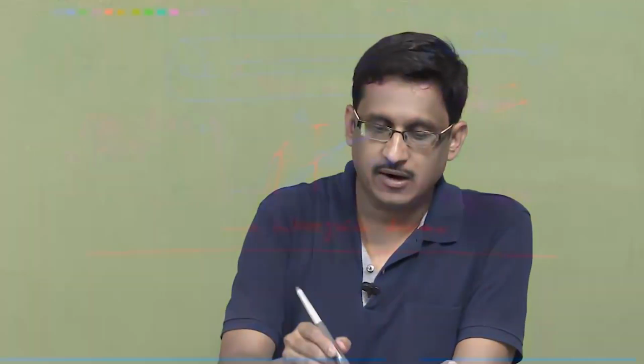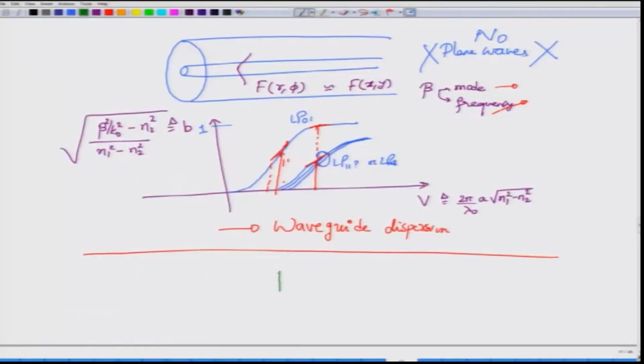So, let us start by looking at a general channel which could be an optical fiber or any other thing. I am assuming that the channel has a certain length L, and for the moment, we ignore attenuation. So, we take alpha to be equal to 0 dB per kilometer.